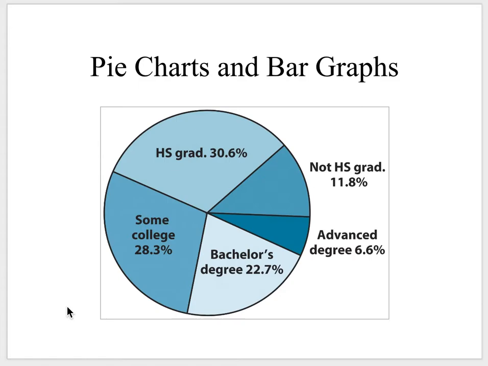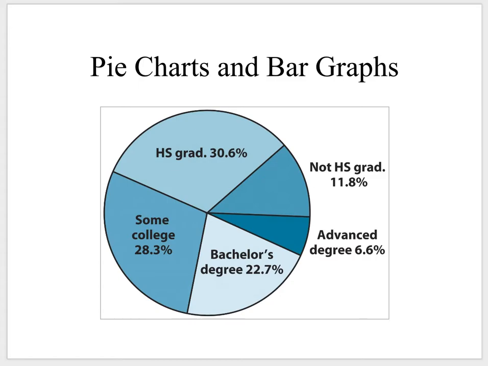In this case, you can see the different levels of education. And even without the percents on here, it's very easy to see, based on the size of the pie pieces, how the different categories relate to each other.